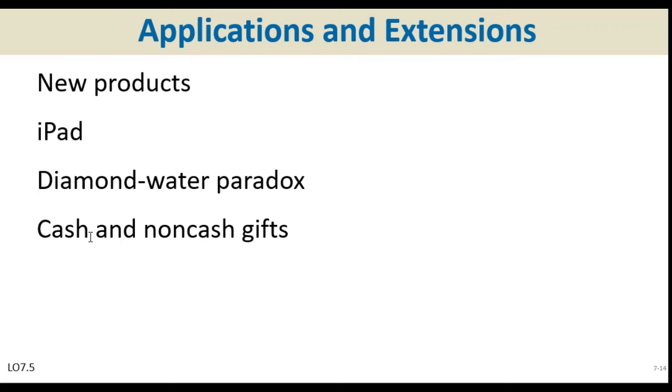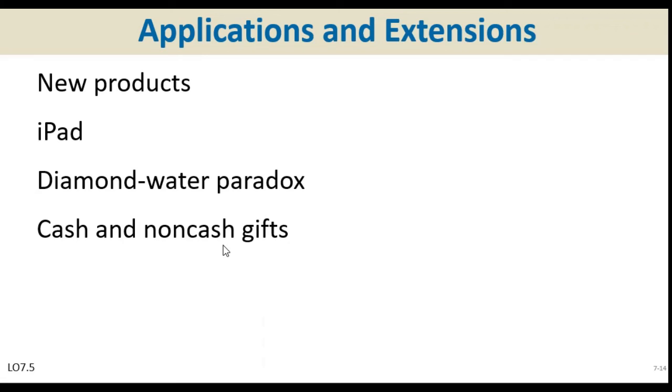Another example is a cash and a non-cash gift. Even though both might have the same value, they yield different utility. The non-cash gift, a gift card, yields less utility than the cash gift. Why is that?